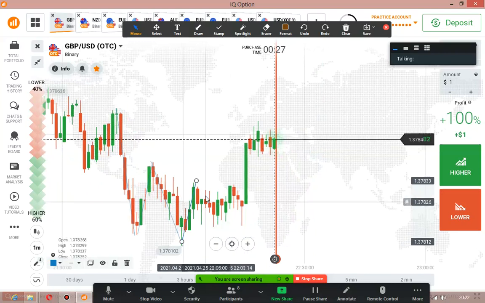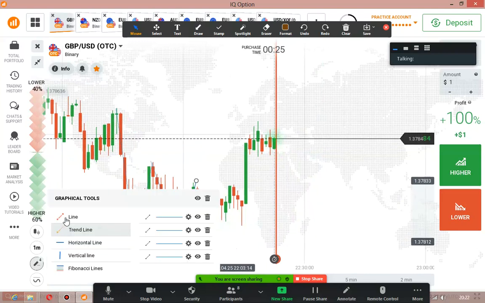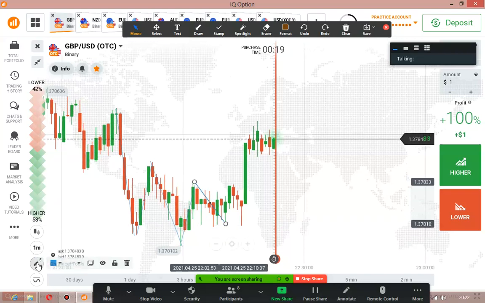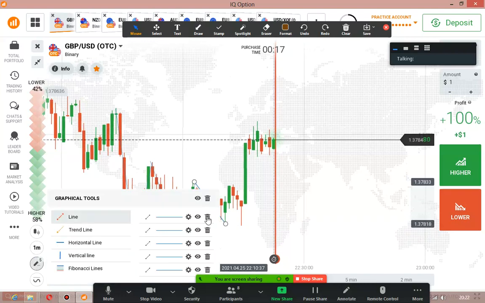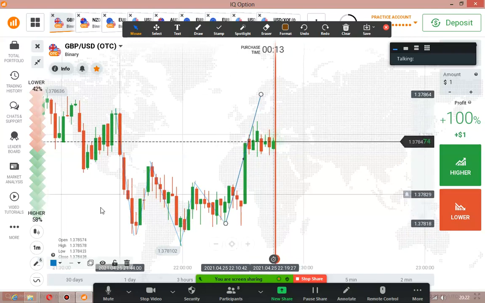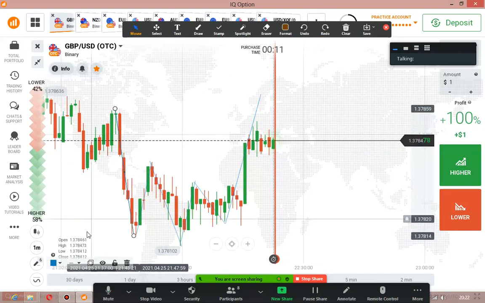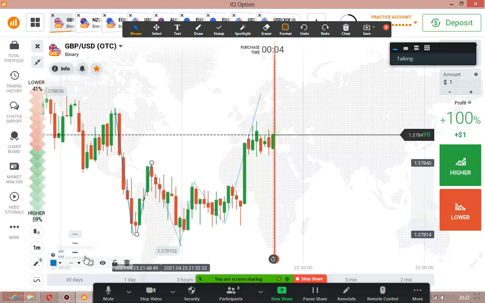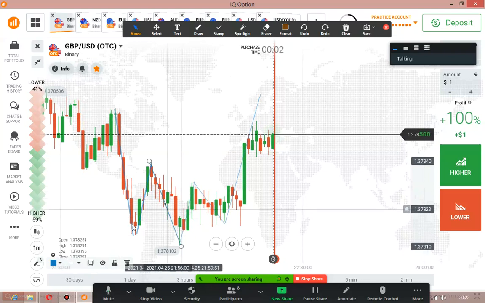Down again. Then up. Okay, let me change the width, the bold, so that you can see the chart.